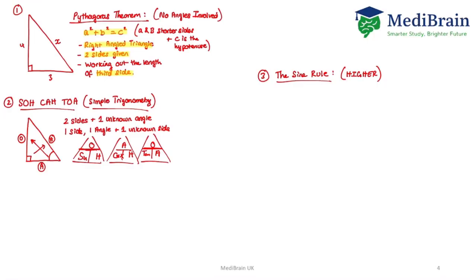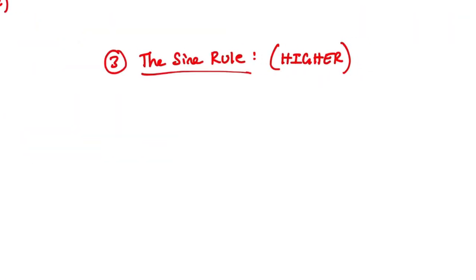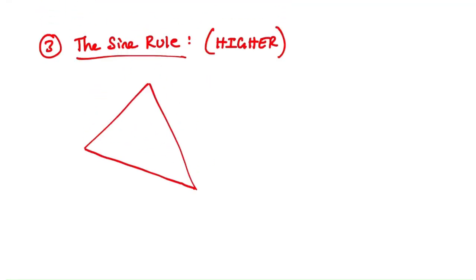SOHCAHTOA and Pythagoras' theorem are trigonometry as well as higher, but this is strictly only higher. So the sine rule, we saw that it works for scalene triangles.